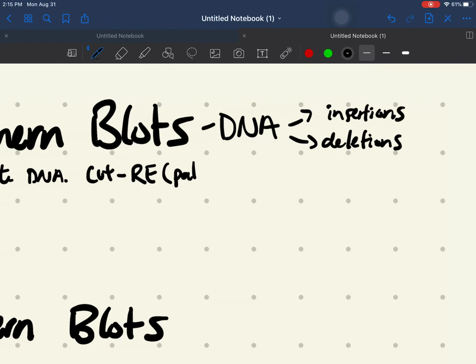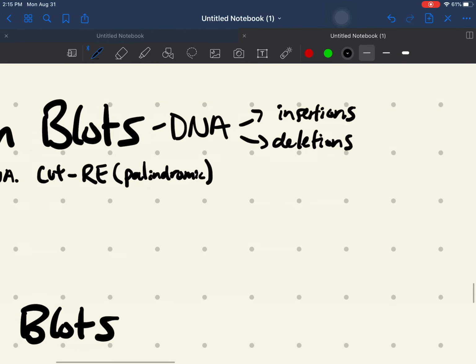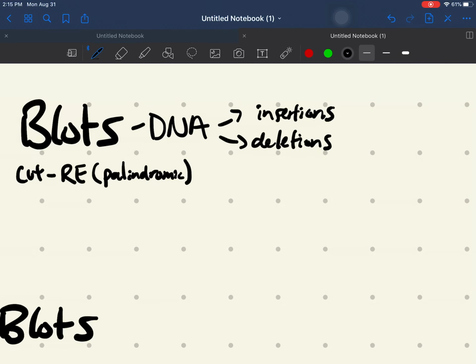Okay, and what restriction endonucleases do is that they cut at palindromic sequences in your DNA, and what that essentially entails is, if you're going to look at, for example, a sequence in DNA and it's going to be CCTAGG, okay?